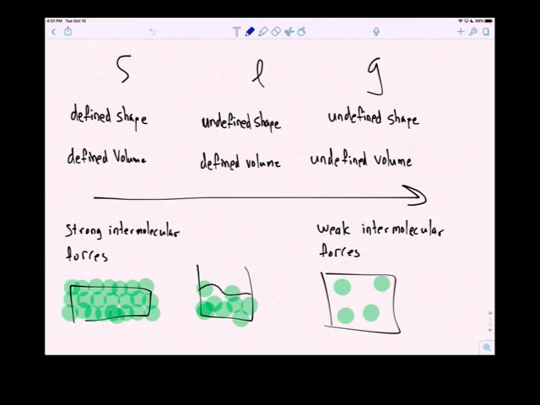So the melting point and boiling point are an exact show of how strongly bound something is. Something that has a very low melting point means there's very weak bonding.